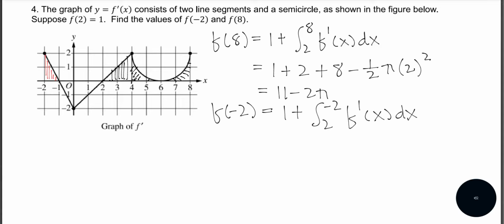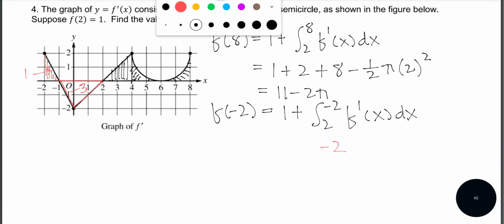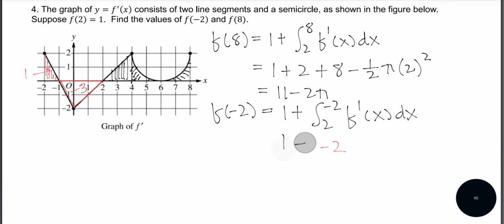So that's 1, and then this triangle here, just going for all of it, has a width of 3 and a height of 2, so that would be negative 3 units of area in here and positive 1 units of area here. So net, that integral would be negative 2, but I'm integrating it backwards, so really what's happening here is 1 minus negative 2, and that's going to equal 3.